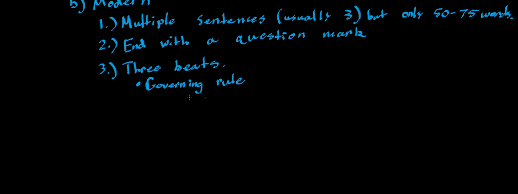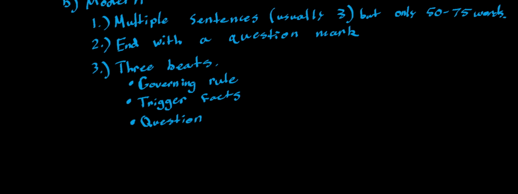So this is sort of the first beat, and then the second beat has your trigger facts, and then the final beat is the question of whether the rule is triggered by the facts.